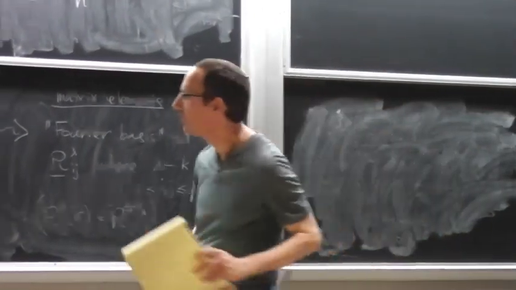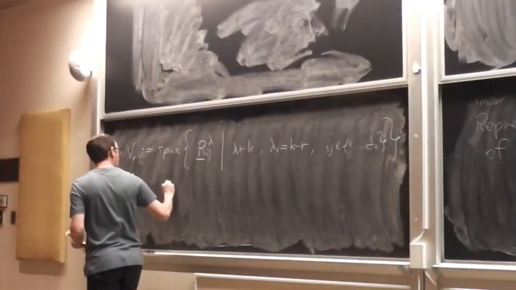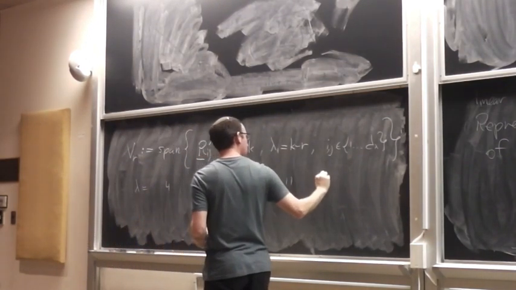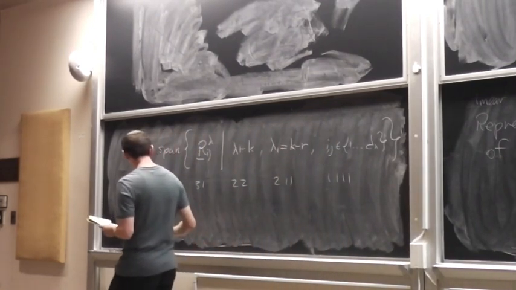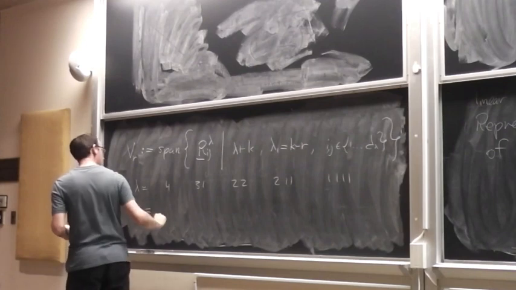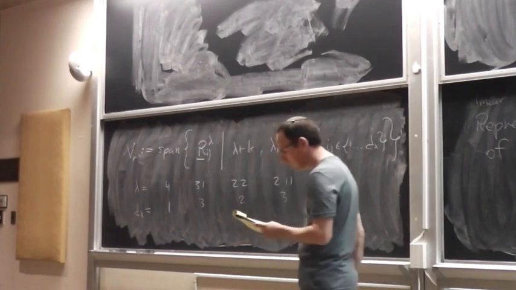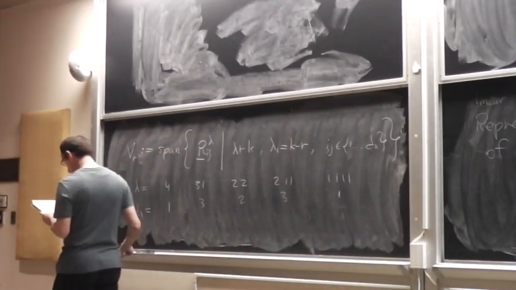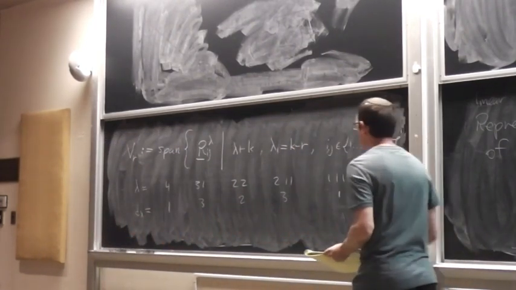For example, let's do k equal to 4. We have 5 partitions: lambda can be (4), (3,1), (2,2), (2,1,1) or (1,1,1,1). The d_lambda turn out to be 1, 3, 2, 3, and 1. Now we have to classify them into r components.